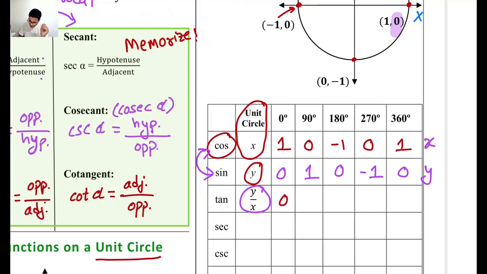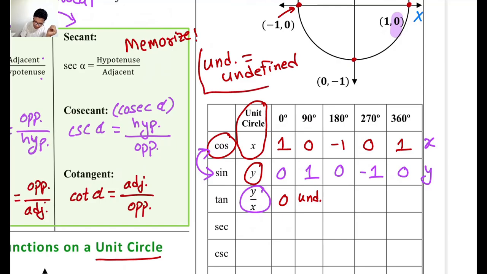1 divided by 0 will be, I'll just write u and d here, the shortcut. The u and d will stand for undefined, which is basically going to plus infinity and minus infinity, being asymptotic.